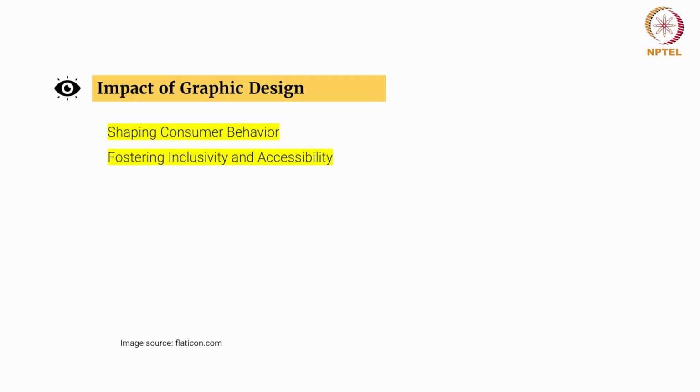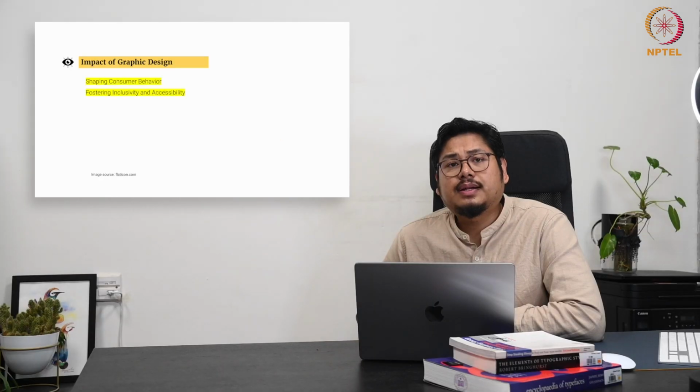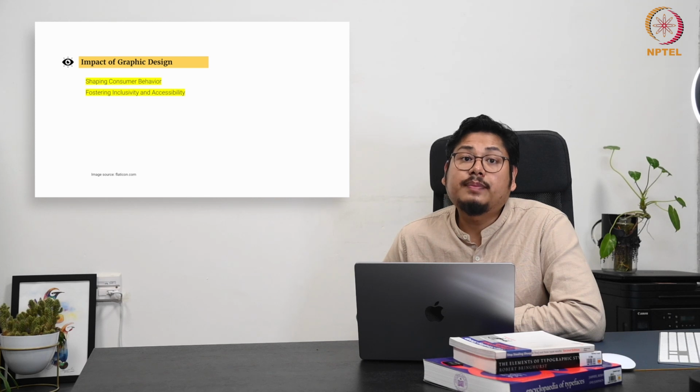Next is fostering inclusivity and accessibility. Graphic design, particularly in digital spaces, can make or break accessibility. Designers are increasingly incorporating inclusive practices such as choosing colors that are distinguishable for colorblind users, or optimizing text for readability.